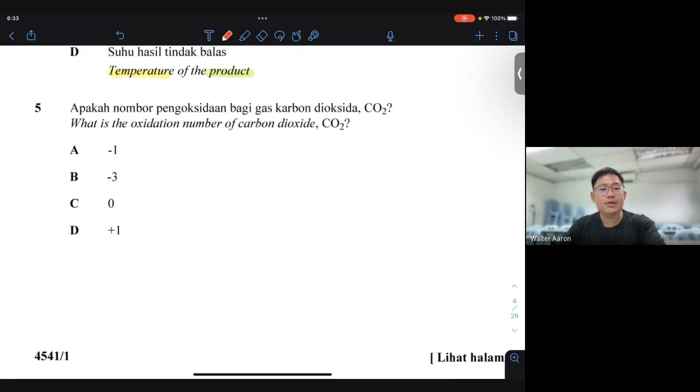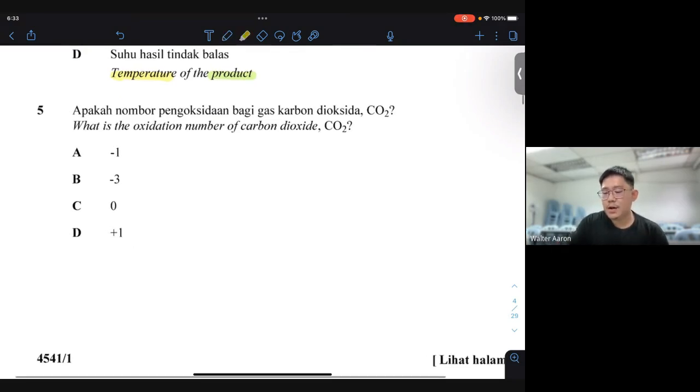Number 5, what is the oxidation number of carbon dioxide? You may be confused a little bit, because when we talk about oxidation number, usually we think about the charge of either of the elements inside the compound, isn't it? But in this case, the oxidation number of carbon dioxide technically means the overall charge of the carbon dioxide molecule.